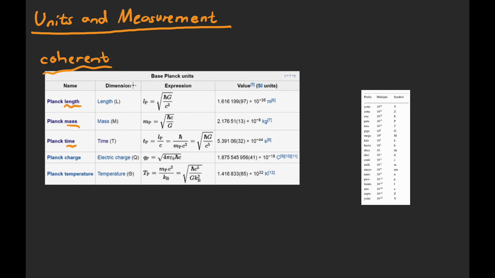You can define all of the other units as the Planck length, Planck mass, Planck time, Planck charge, and Planck temperature. Actually, it's not entirely correct when I said every other unit, but we don't really use the units that we can't derive in this topic, so we don't need it.